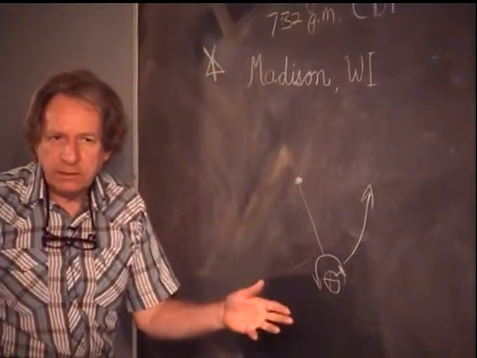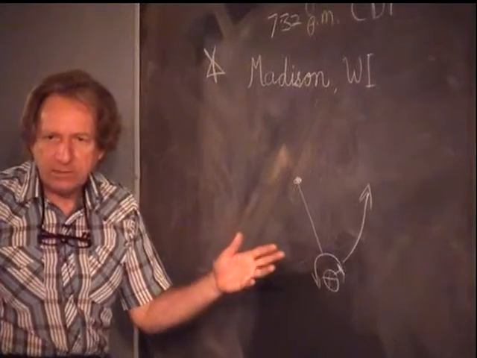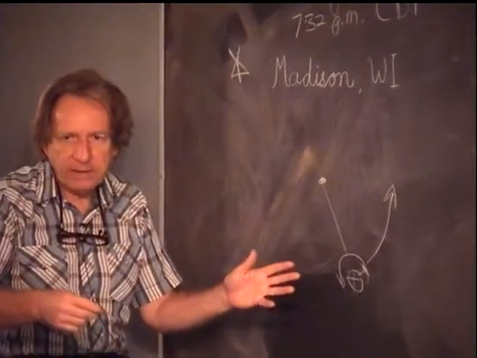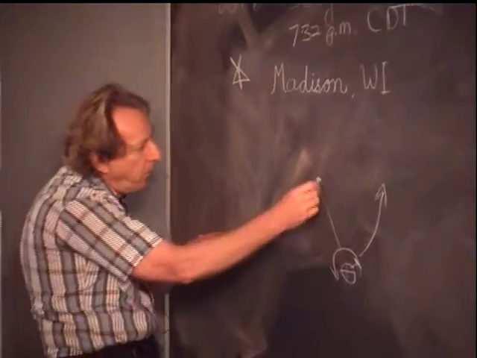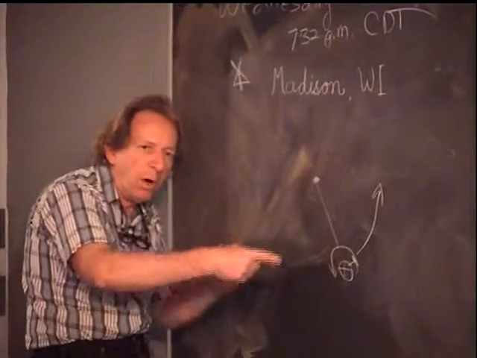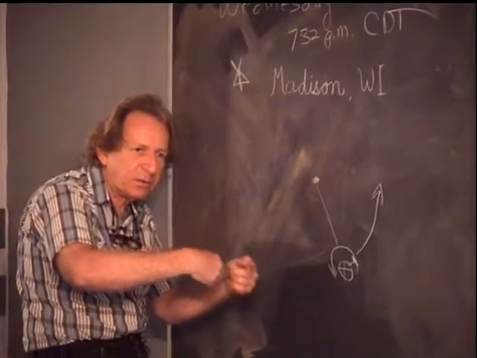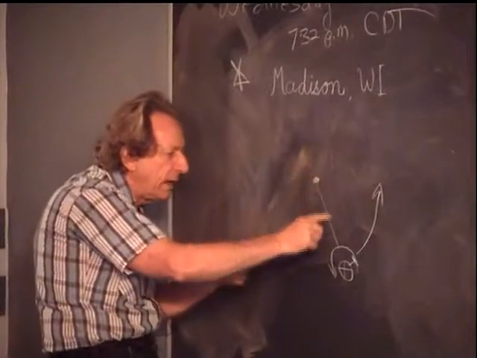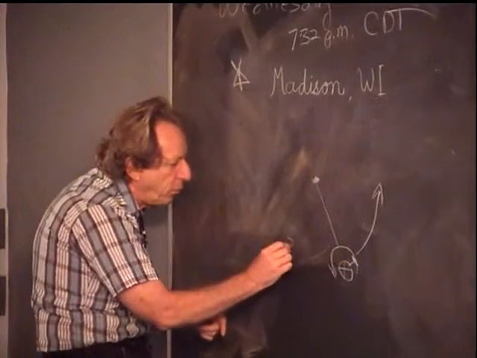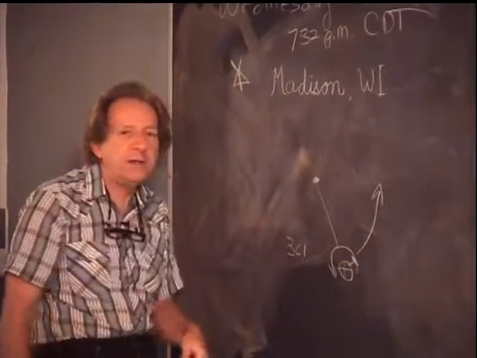A year is 365 days long, so it's approximately 1 degree of space every day. Therefore, the Earth has to go around more than 360 degrees in order for the sun to come straight overhead again. It has to go through 361 degrees.